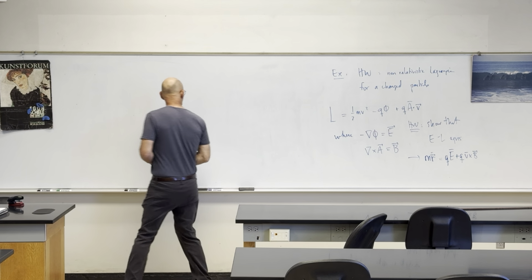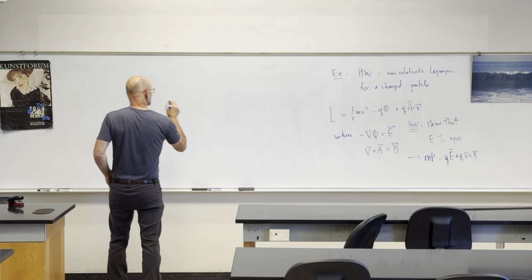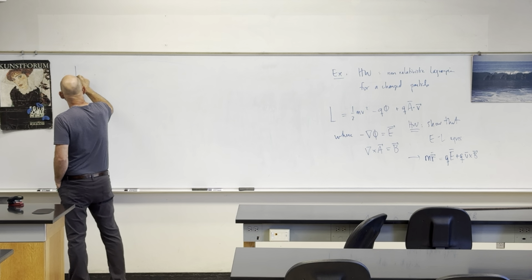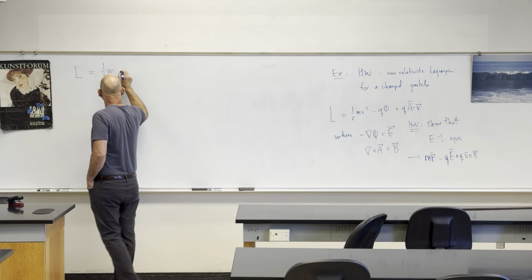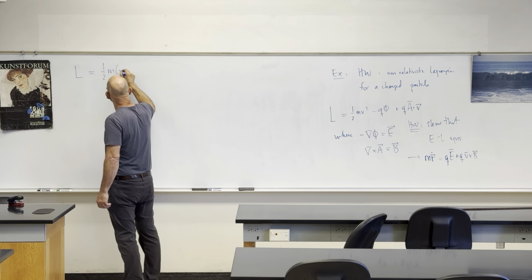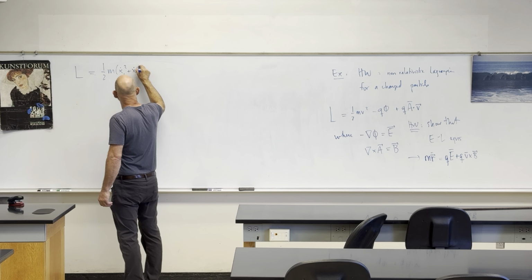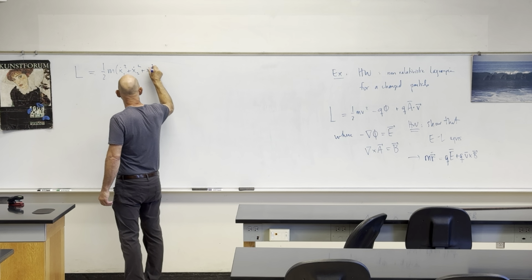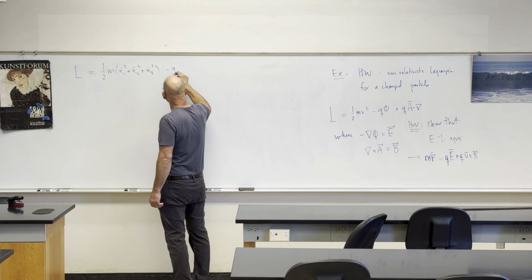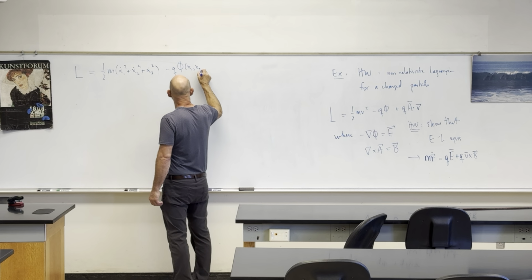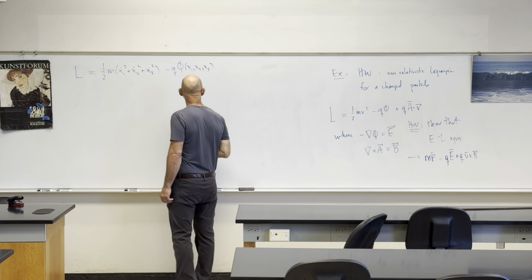So what we're going to do is begin with the Lagrangian. What we've got here is a half, and we'll work in Cartesian coordinates. So x1 dot squared, x2 dot squared, x3 dot squared, minus q phi of x1, x2, x3.